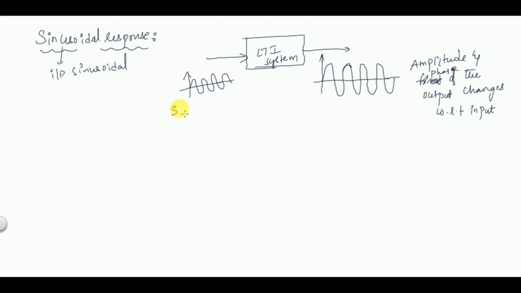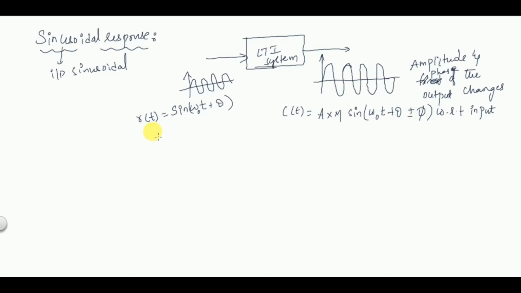Suppose you are given sine omega naught t as the input r of t, then the output c of t is A into M sine of omega naught t plus theta plus or minus phi.